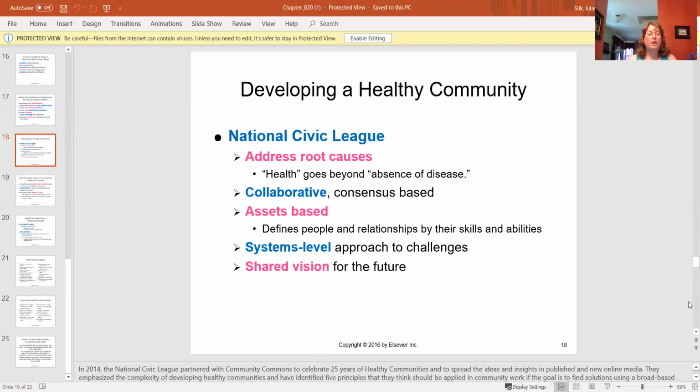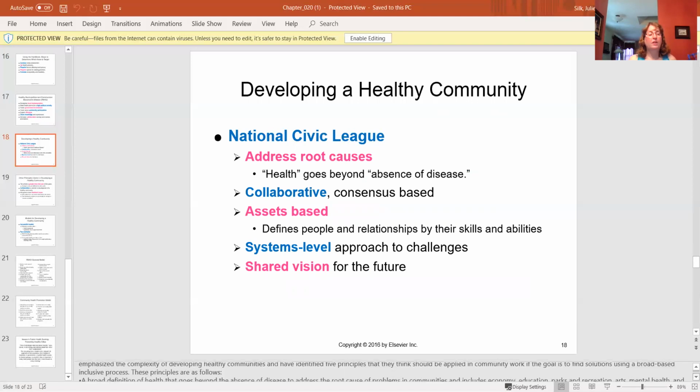Okay, so in 2014, the National Civic League partnered with Community Commons to celebrate 25 years of healthy communities and to spread the ideas of insights and published in new online media. They emphasize the complexity of developing healthy communities and have identified 5 principles that they think should be applied in community work if the goal is to find solutions using a broad-based inclusive process.